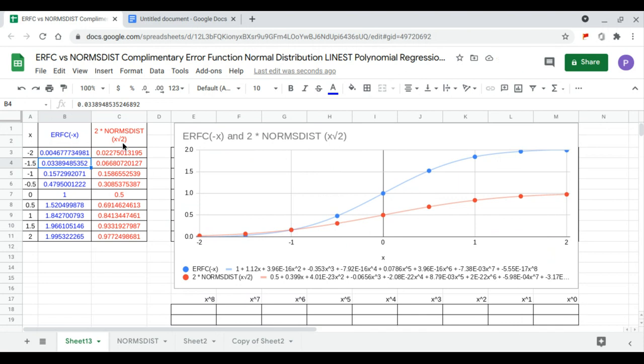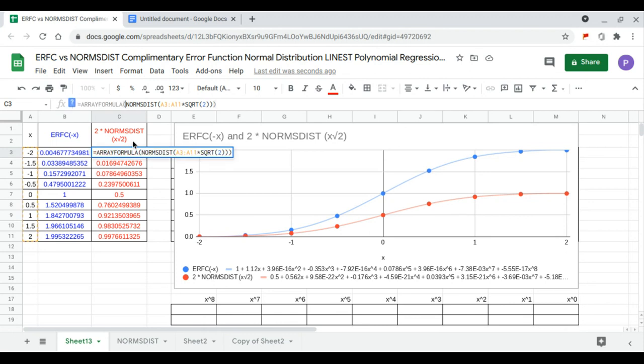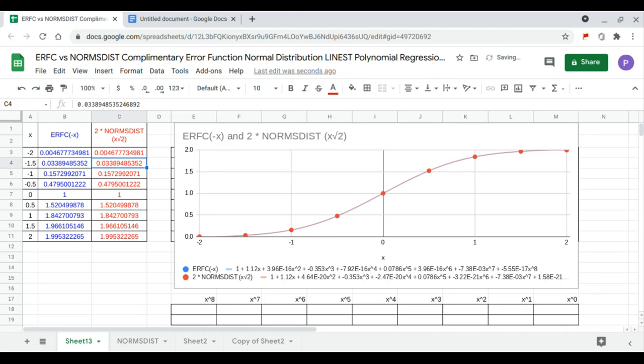And here we have square root of 2 in the NORMSDIST, so apply times square root of 2. And multiply by 2. So 2 times the NORMSDIST. Now they are all in the same trend line.